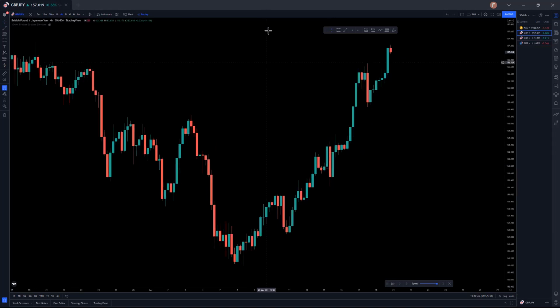Suppose the 1 hour is something like this. Let's print bullish. So this is your POI. So the 1 hour was coming here, and then the next 1 hour made some kind of bullish candle like this.